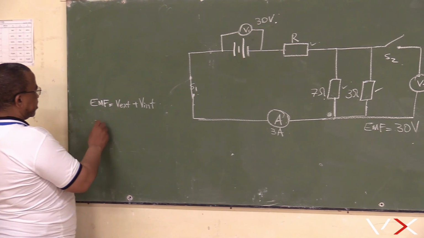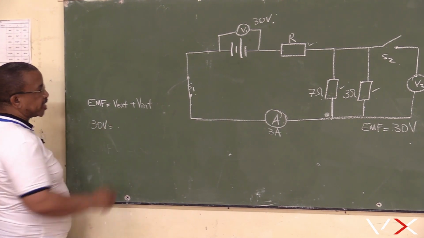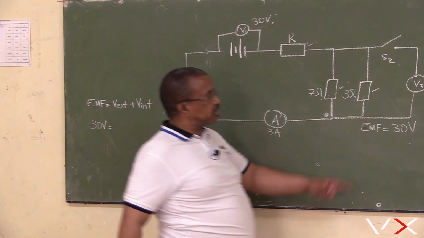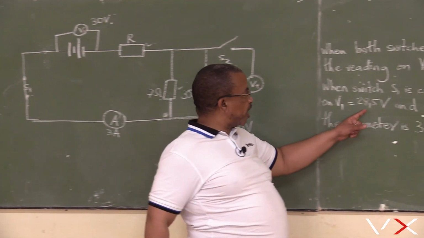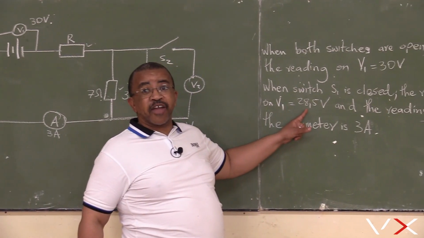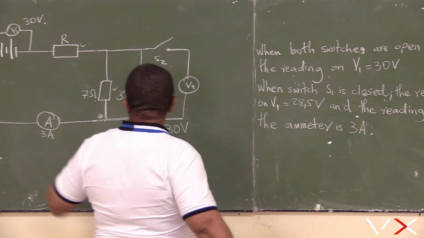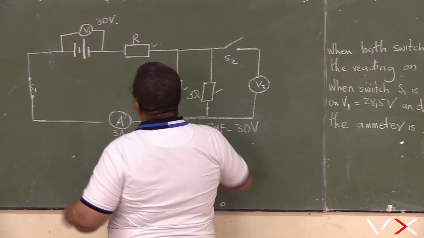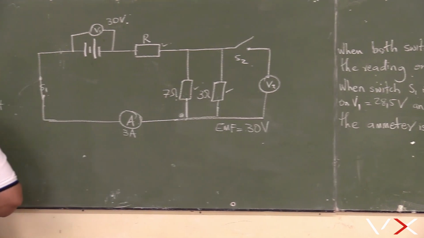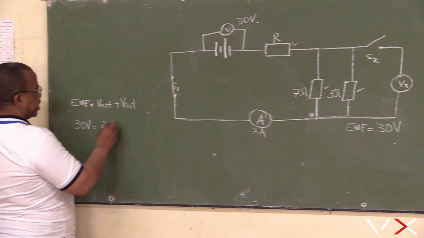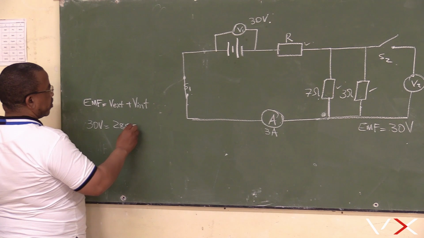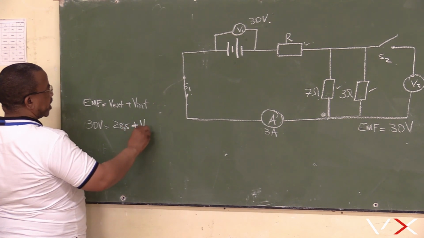Siyathola ukuthi is 30 volts. V external, but when switch S is closed, the reading on V1 is 28.5 volts. As it is closed, now lama resistors, now it reads, so V external, it's how much? 28.5. So plus, sesingawufuna the lost volt.